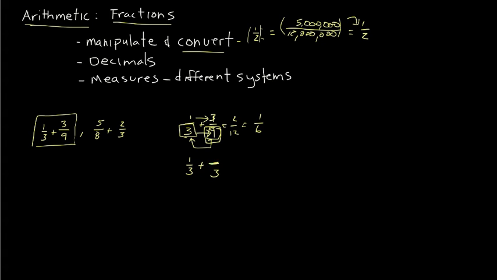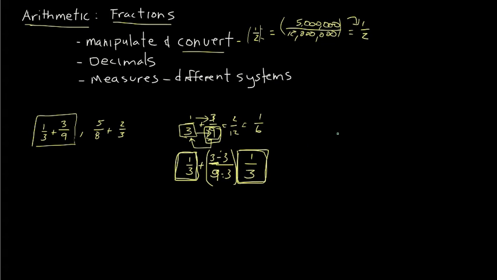Whatever you do to the top and bottom, the numerator and denominator, if you do the same thing to both, it doesn't affect the value of the fraction. So if you divide 3 by 3 and 9 by 3, this fraction becomes 3 divided by 3 is 1, 9 divided by 3 is 3. So now we have 1/3 plus 1/3, and we can just add straight across.